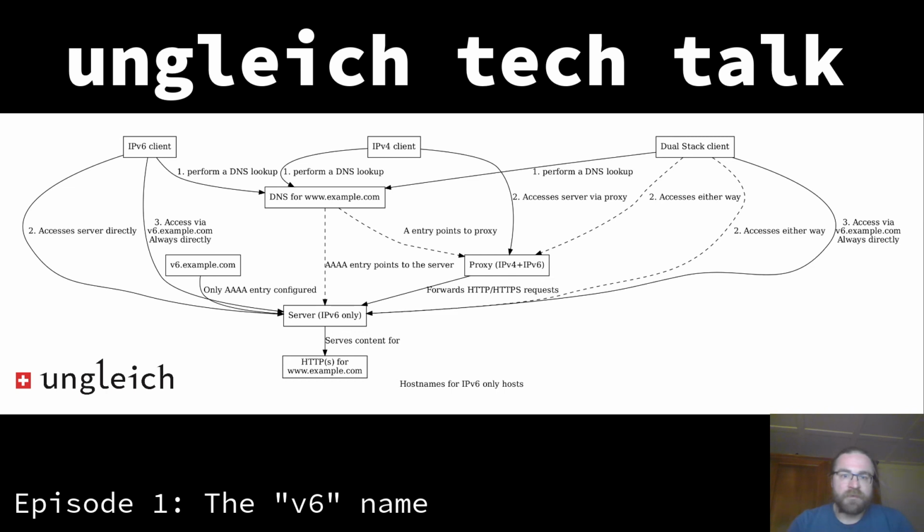So the takeaway message here is, if you're running a lot of IPv6 only stuff, and if you need to proxy them, which you probably quite often do, and then if you want to configure them, an easy way to ensure that you're on the right host is to create a separate domain name or a separate host entry that points directly to the VM and does not point to a proxy.